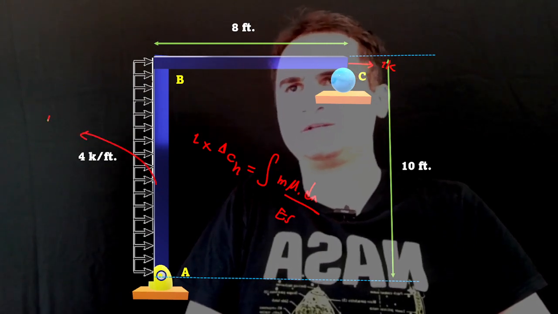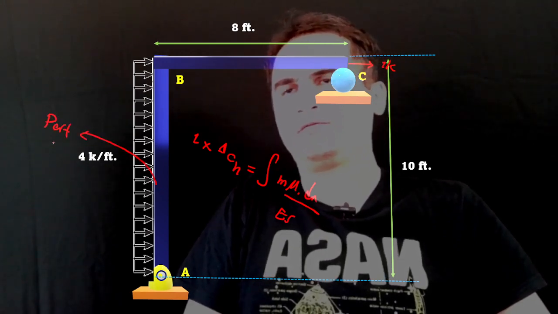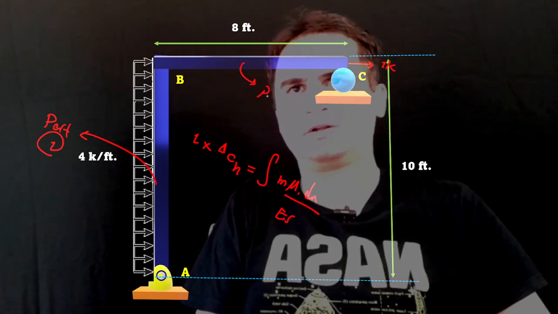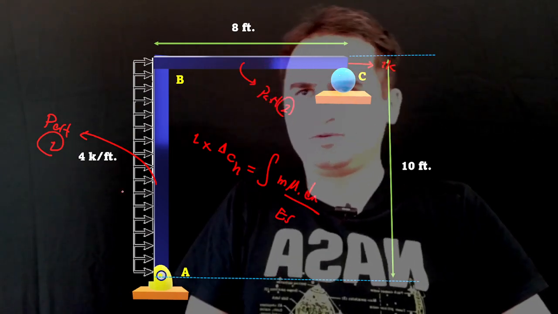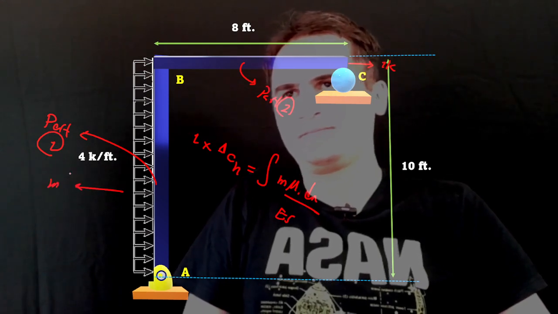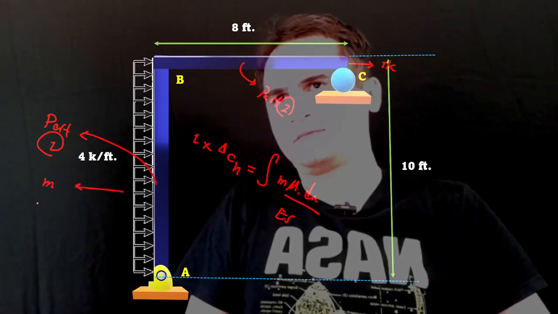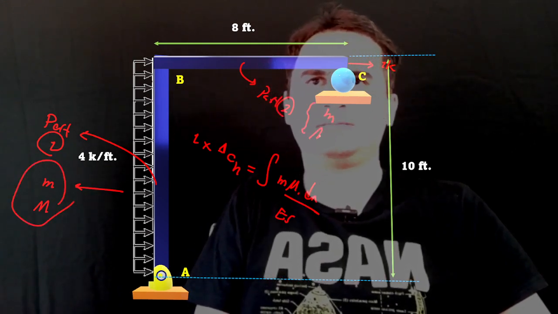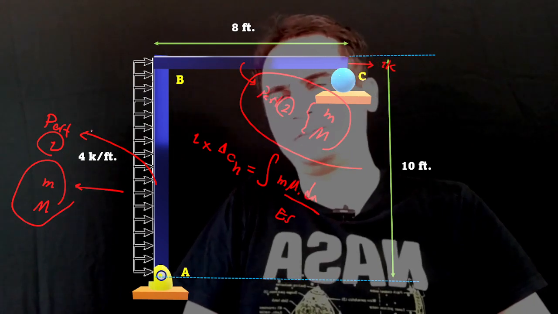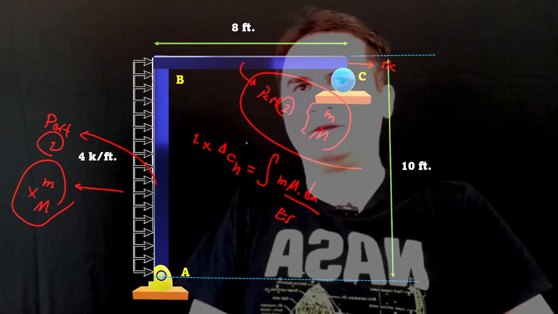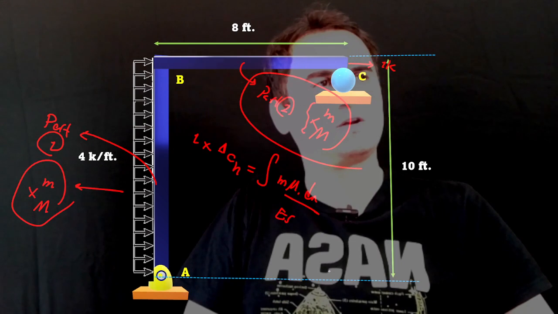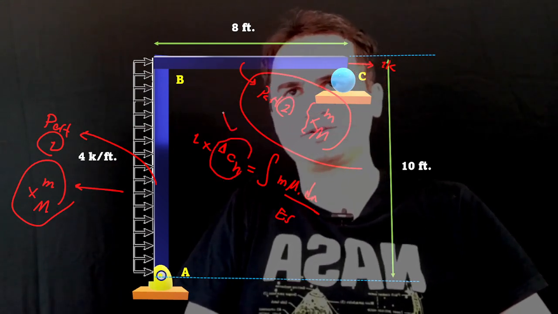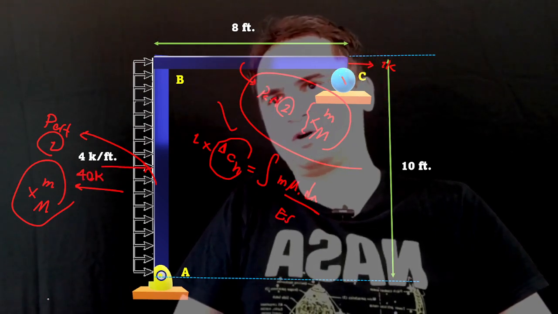Call the vertical member part 1 and the horizontal member part 2. We need to calculate small m and capital M for the first part, and again small m and capital M for part 2, then multiply each part, and by superposition add them up together to resolve delta C horizontal.